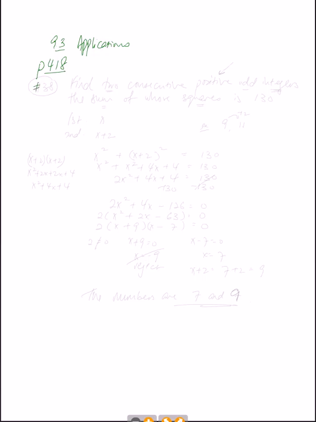So the first one I'm dealing with is number 38. The question reads, can you find two consecutive positive odd integers, the sum of whose squares is 130?